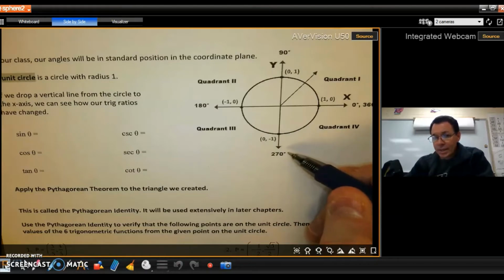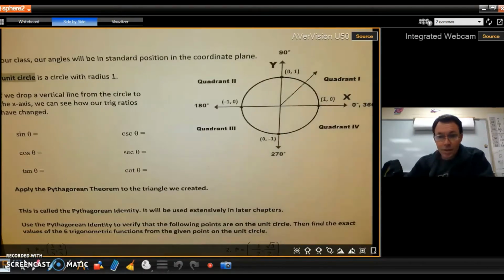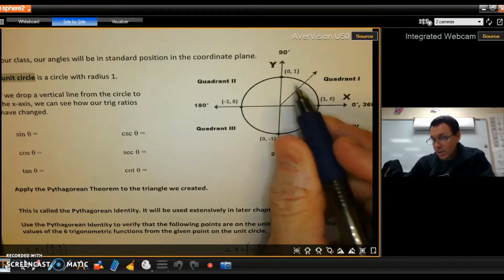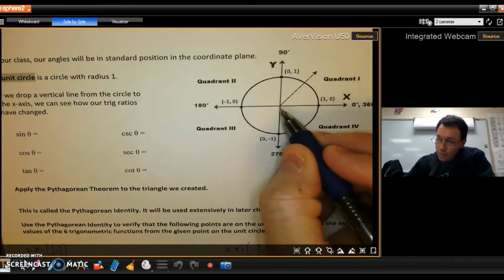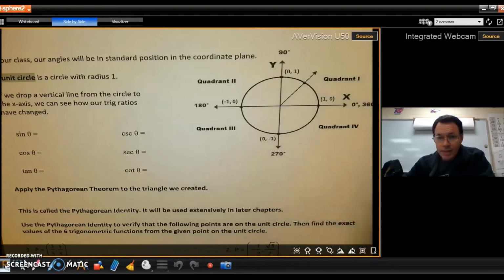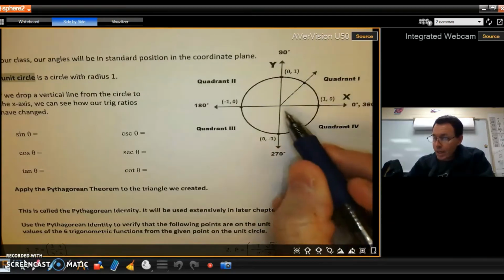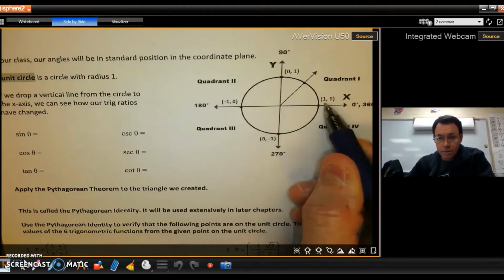Okay? Now, every other point in between here is probably going to look a little weird to us because they're going to be fractions. These are going to be the only whole numbers you have. Everything else, so if I am looking at some point, like right here, if I'm looking at that point that the angle goes through, I'm going over some fraction. I'm not going over 1.